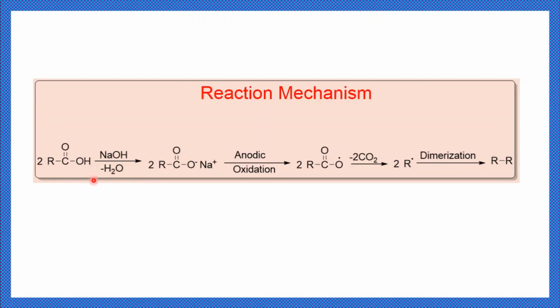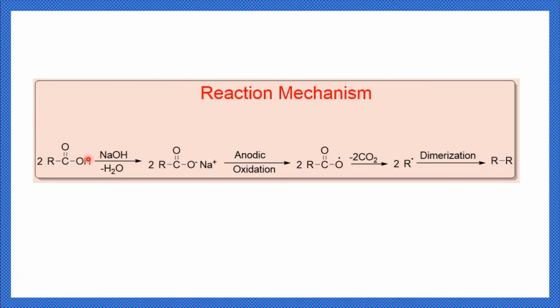So simply an acid-base reaction takes place. This is your acid and this is your base. The role of NaOH is to take the acidic proton. This proton is acidic due to the electronegativity difference between oxygen and hydrogen.